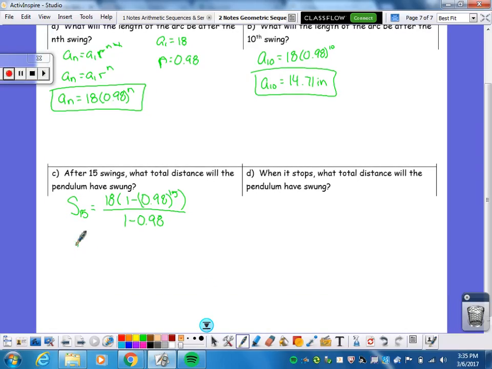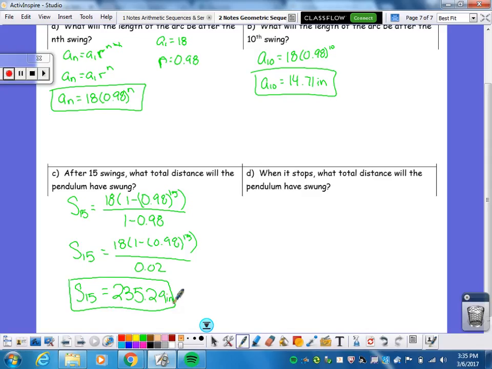When we simplify this a bit, we get S sub 15 is equal to 18 times 1 minus 0.98 to the 15th power divided by 0.02. When you put this in your calculator, you get S sub 15 is equal to 235.29 inches.